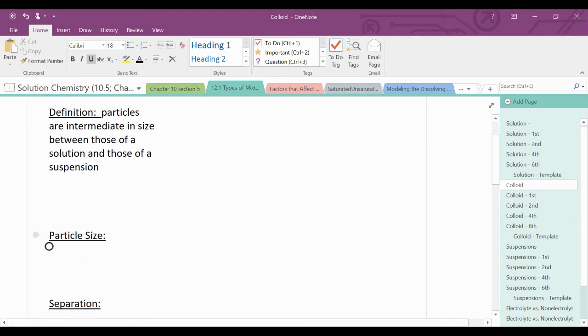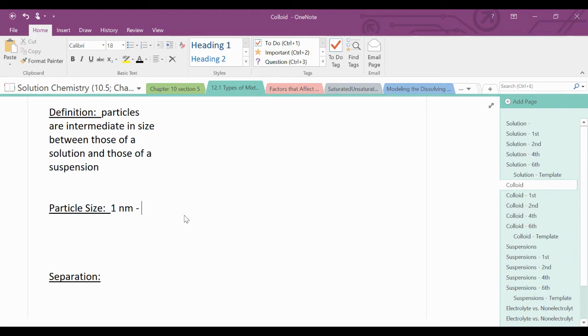So we consider this to have kind of a medium-sized particle. So let's talk about what we mean here. Right. So these have particles, the smallest size would be 1 nanometer, but these can go all the way up to 1,000 nanometers.